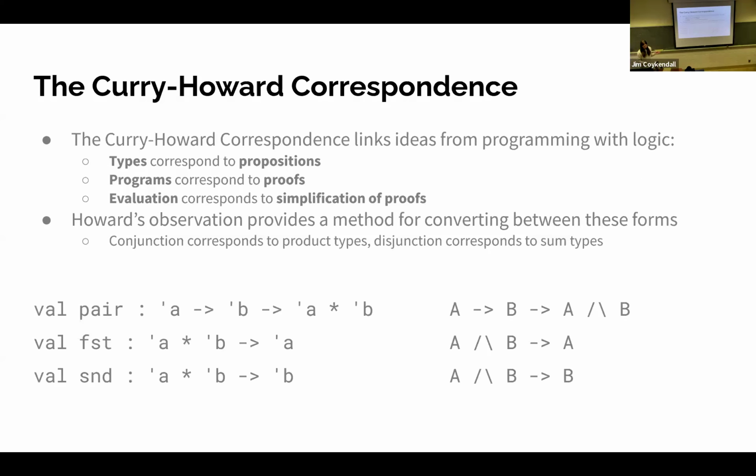So the Curry-Howard correspondence is basically how we get from what we just talked about to actually doing math. It's the bridge between programming languages and type systems and formalizing actual mathematics.